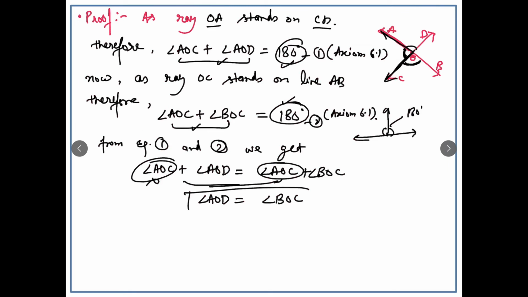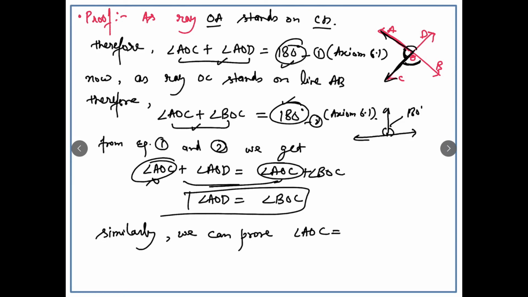Okay, we have proved one part of the two. We will not prove the second part because the proof method is the same. You can directly write that similarly we can prove angle AOC is equal to angle BOD.